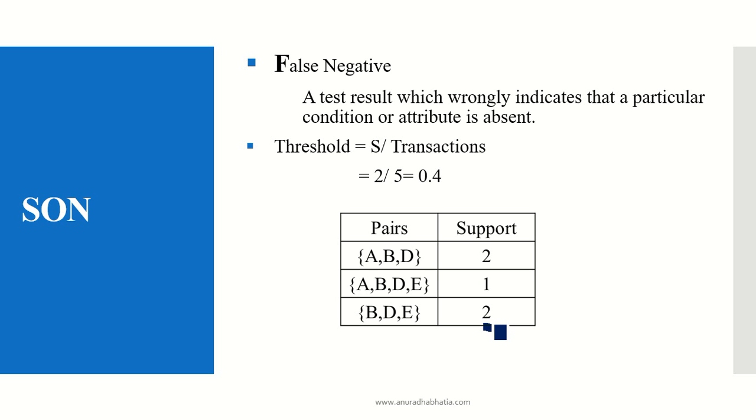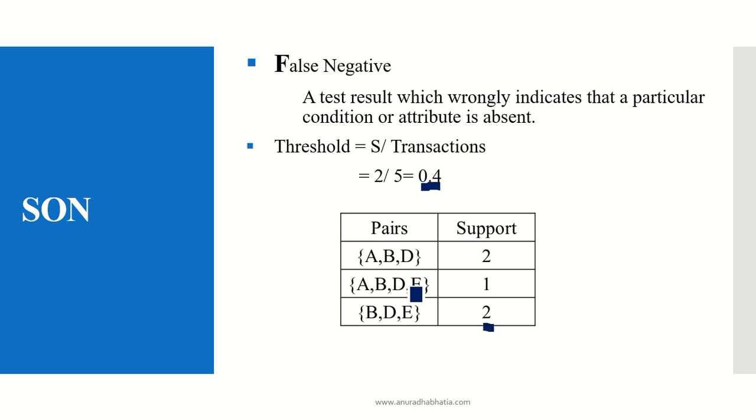Whereas in SON, when I calculate the threshold to be 0.4, I can prove that even though my supports are 2, 1 and 2, these item sets are actually existing. So it proves that false negatives, test results which wrongly indicate a particular condition or attribute is absent, are avoided, whereas with the multi-stage PCY algorithm we had to say that these elements were not existing.